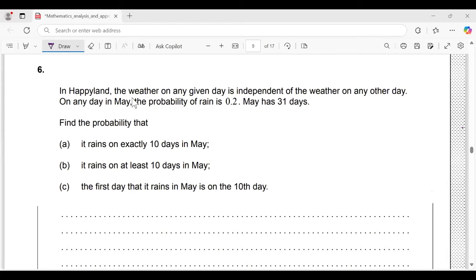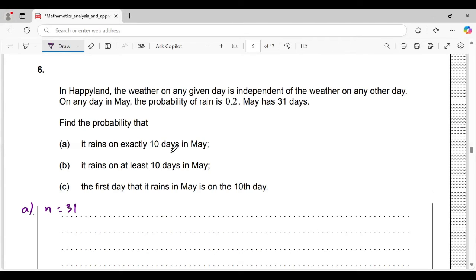In Happy Land, the weather on any given day is independent of the weather on any other day. On any day in May, the probability of rain is 0.2. May has 31 days. Find the probability that A, it rains on exactly 10 days in May. May has 31 days, so N equals 31.